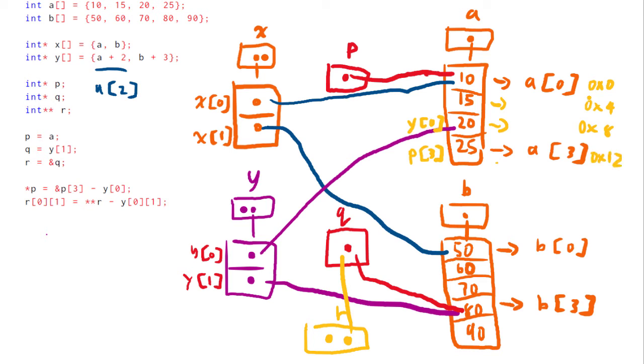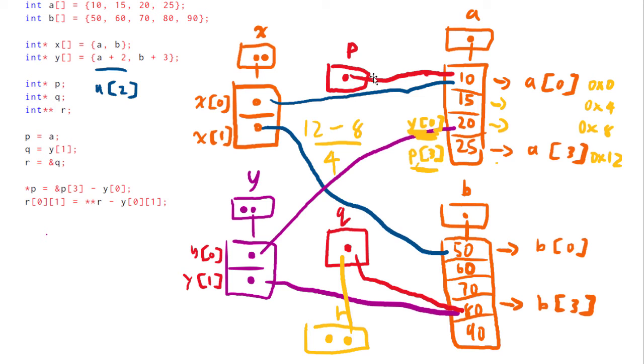However, if you use P3, P3 minus our Y0 is actually 12 minus 8 divided by 4 bytes. You need to divide it by 4 bytes because it's an integer array. So 12 minus 8 is equal to 4, and 4 divided by 4 is 1. So the answer of dereference P is actually 1.